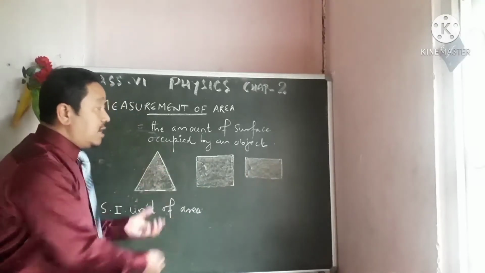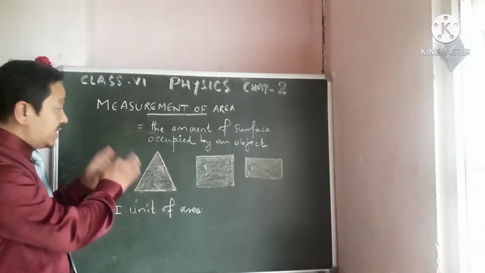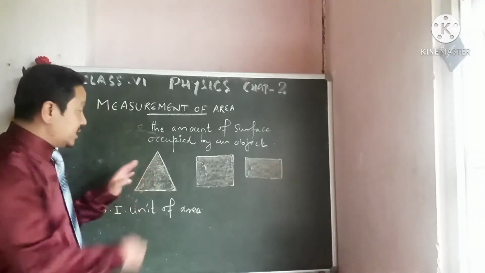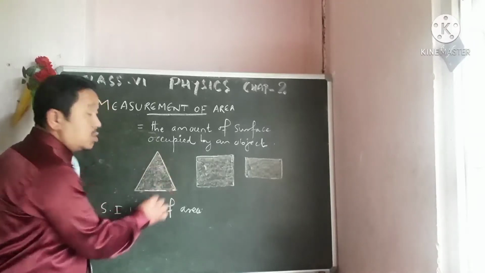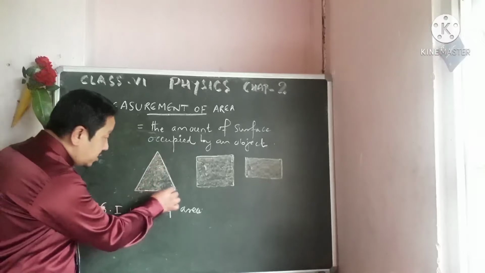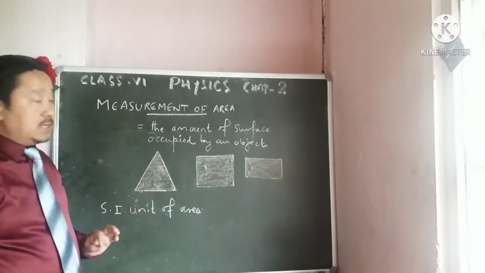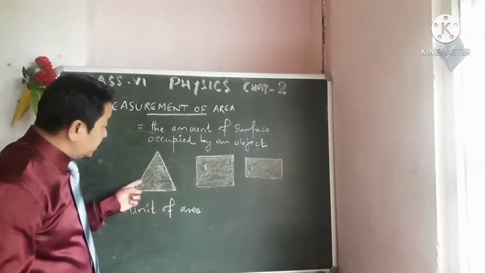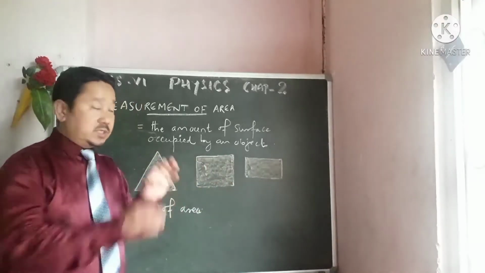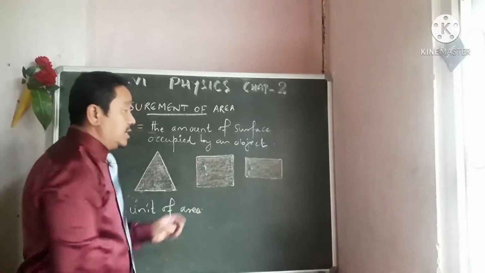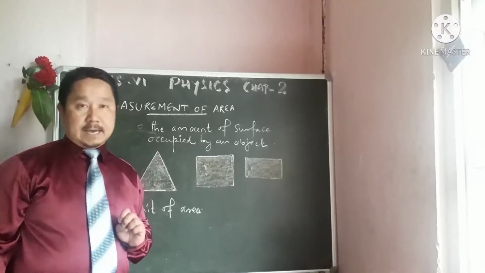What is the area of each of these objects drawn on the board? The area is the colored portion occupied by the object, the portion enclosed within the figure.